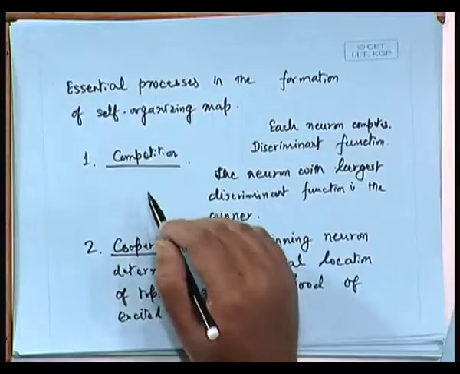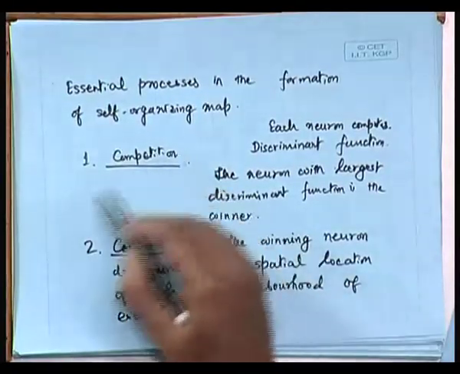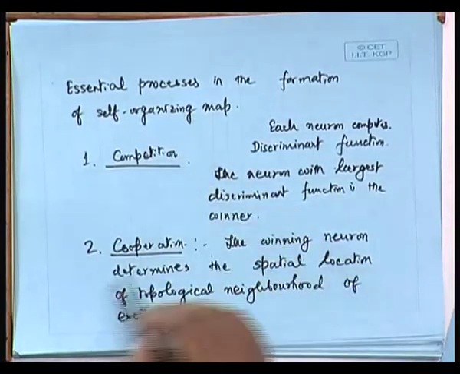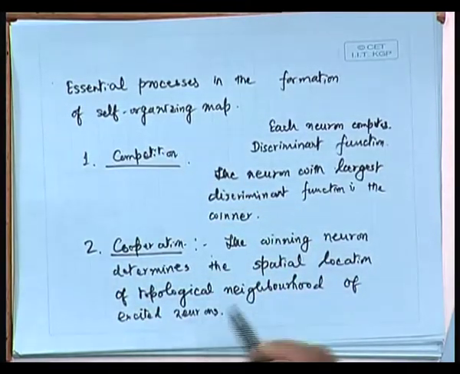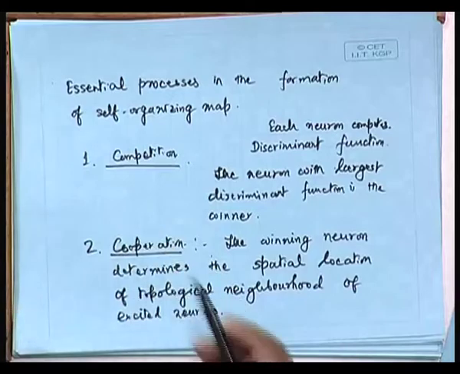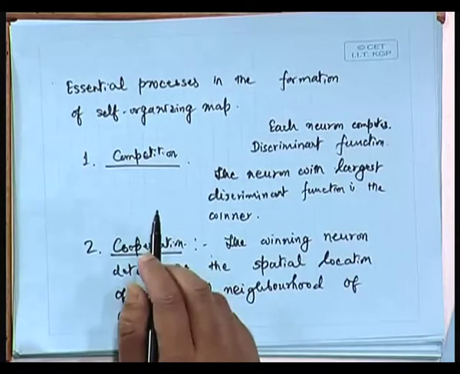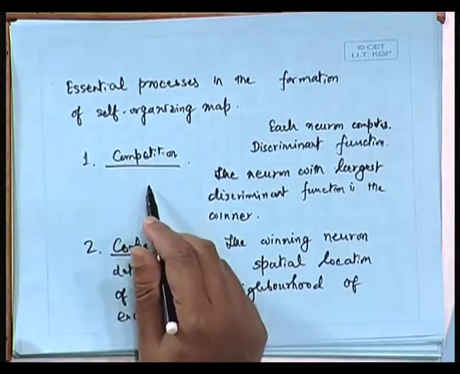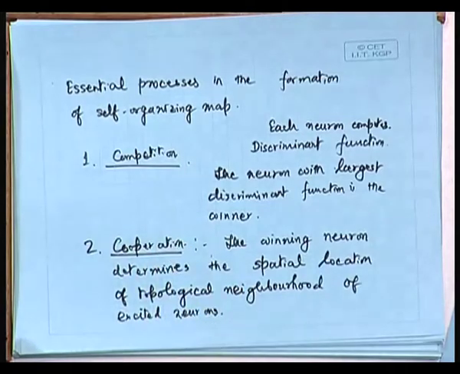So, this refers to the long range inhibition, whereas the cooperation will essentially enforce the short range excitation. These two steps go hand in hand. It is always a process of competition followed by cooperation.